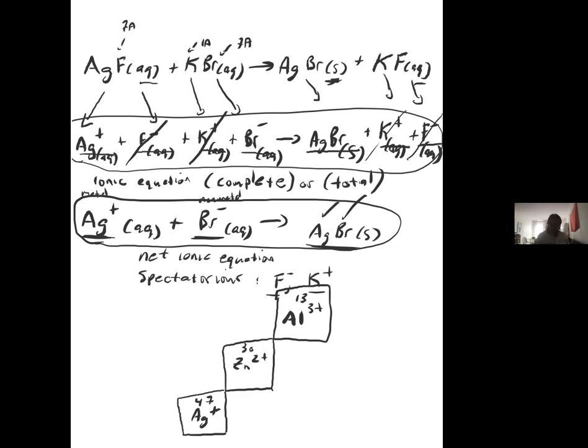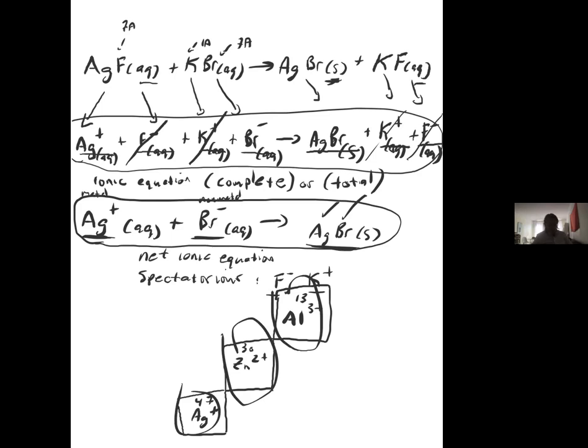You've got 13, 30, 47. That is kind of an interesting pattern. It goes from 13 to 30, a difference of 17, and then from 30 to 47, another difference of 17. And then it goes to +1. So maybe there is something to that. Okay, so those are ones you just got to memorize.